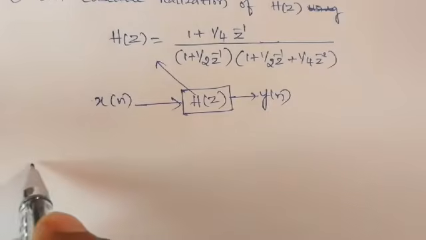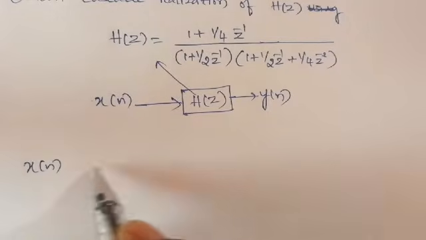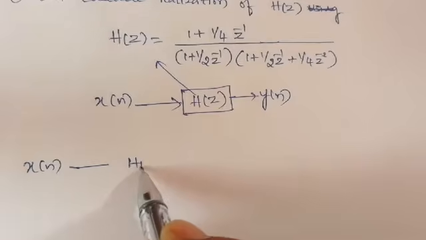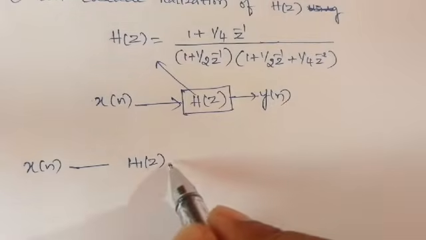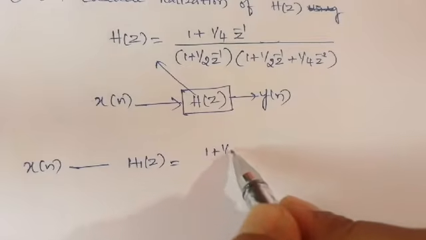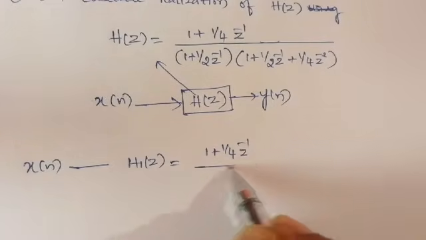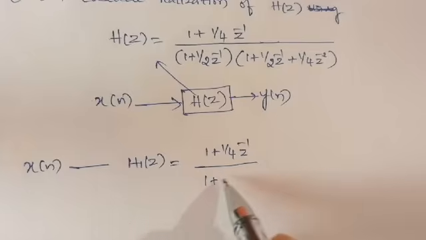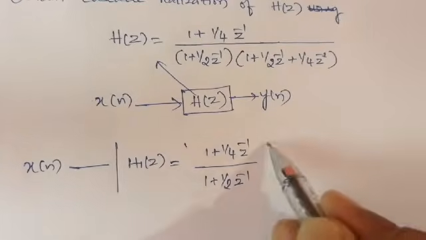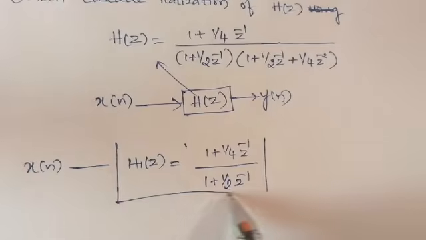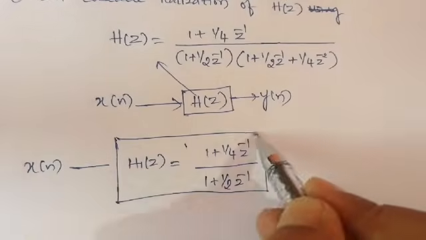Those are, x of n, then first transfer function, that is H1 of z equal to 1 plus 1 by 4 z to the power minus 1 divided by 1 plus 1 by 2 z to the power minus 1. So this is the first transfer function, system function.